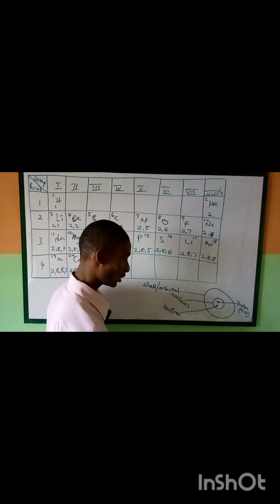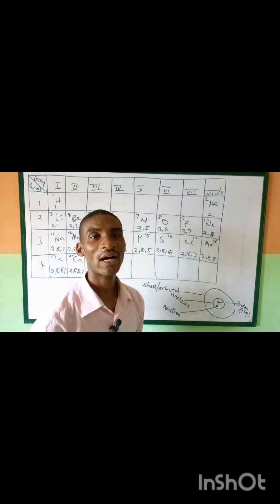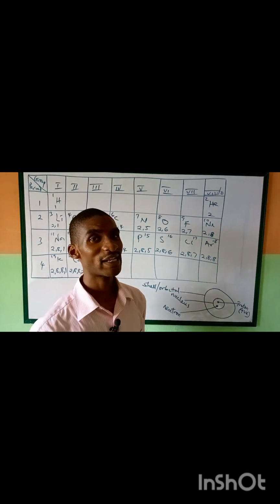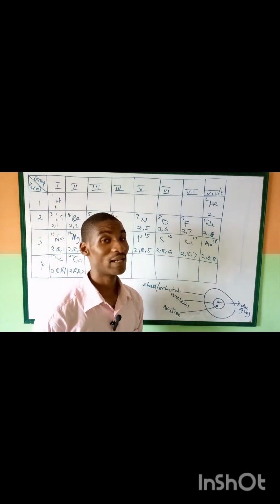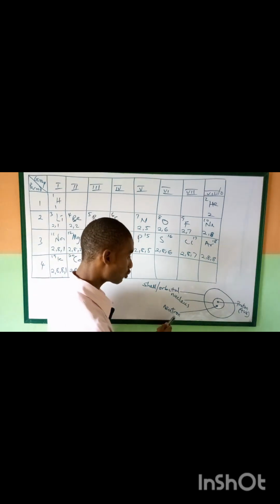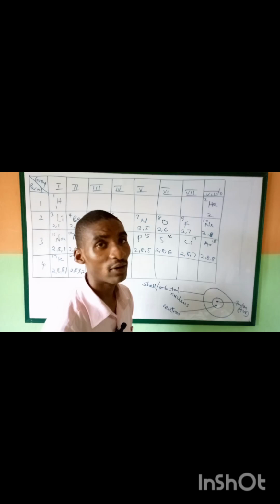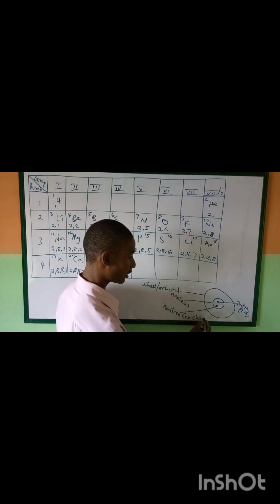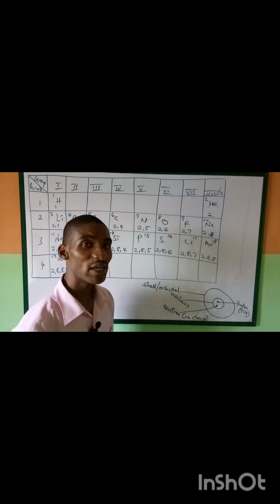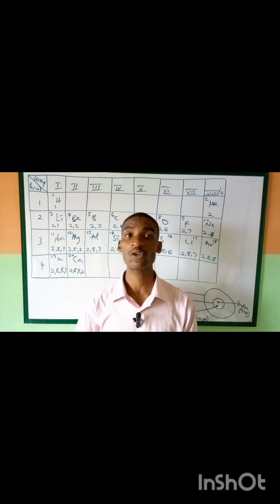While this neutron, what charge is the neutron carrying? Okay, you said negative. No, that is wrong. Then some of you said neutral. That is also wrong. Neutrons are carrying no charge, which means neither positive nor negative.